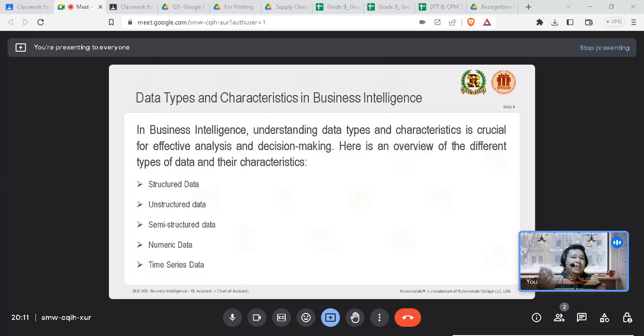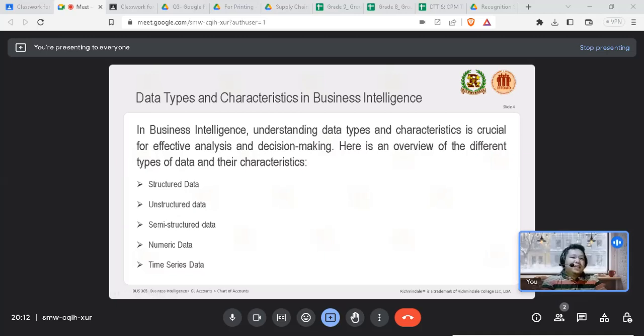Those I mentioned also play a significant role in business intelligence. Integrating and analyzing unstructured and structured data together can provide a more comprehensive view for decision making and business insights. So our second one is the unstructured data.